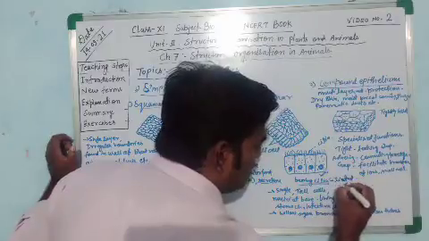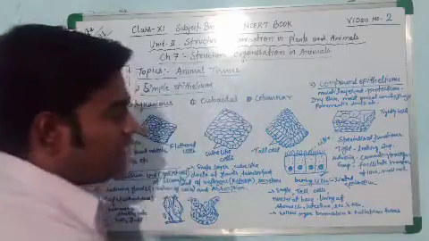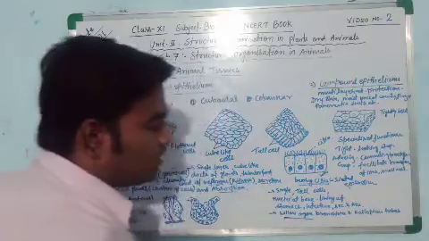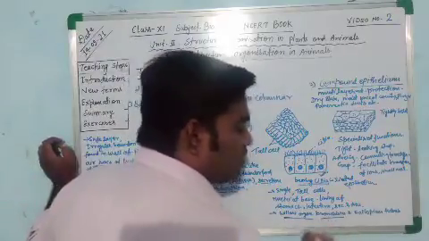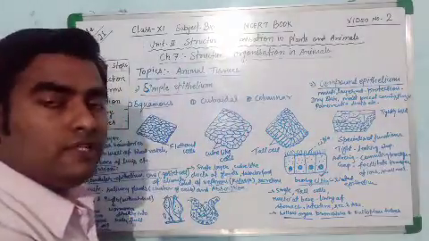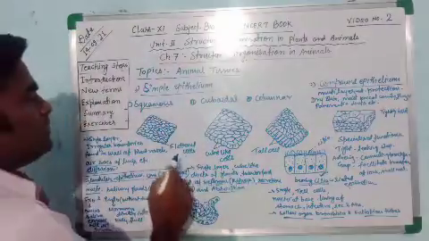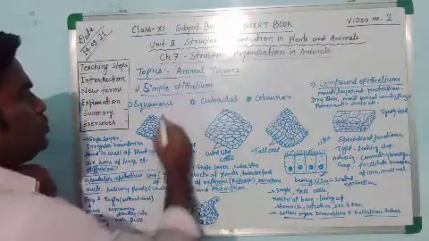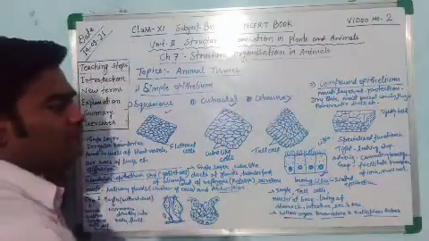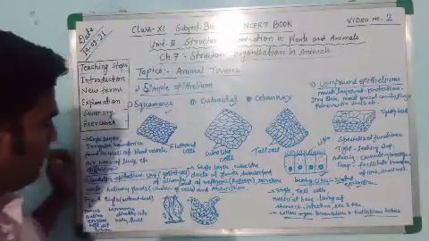These ciliated epithelium are found in hollow organs of the body, for example the bronchioles of the lungs and the fallopian tube in the female reproductive system. So these are the three types of simple epithelium tissue: squamous, cuboidal, and columnar. And if columnar epithelium bears cilia, it is said to be ciliated epithelium.